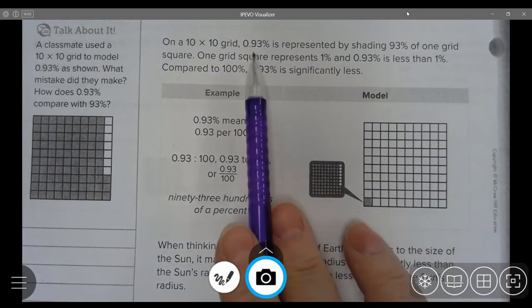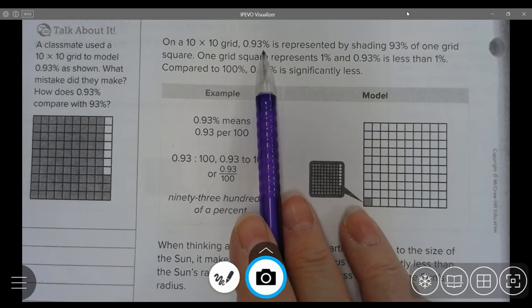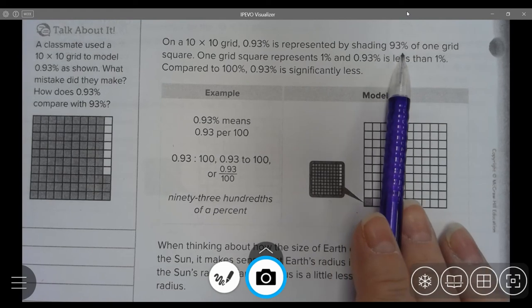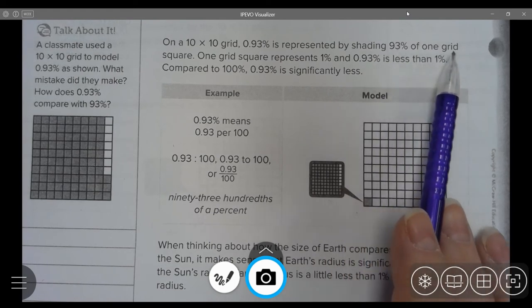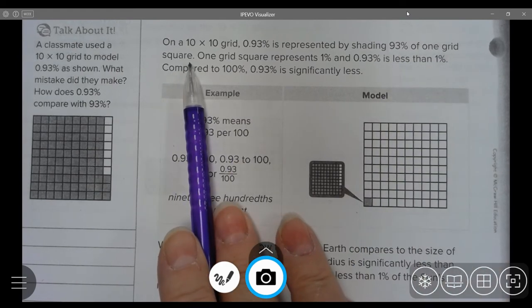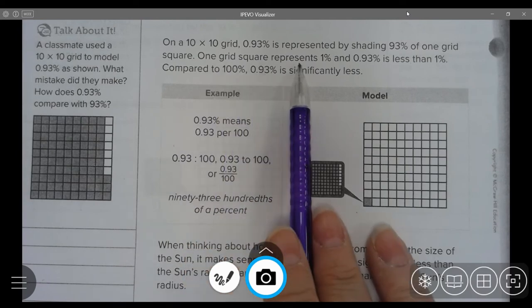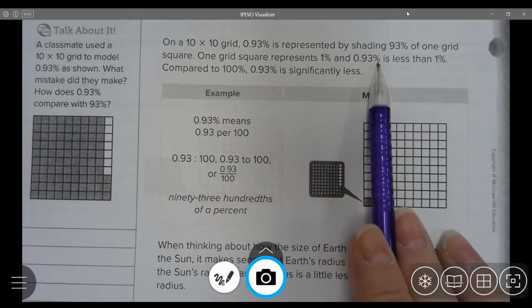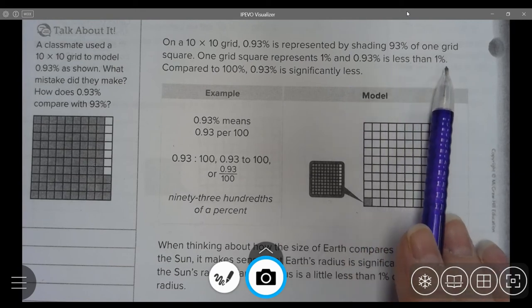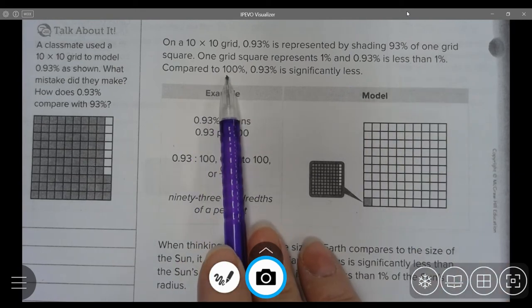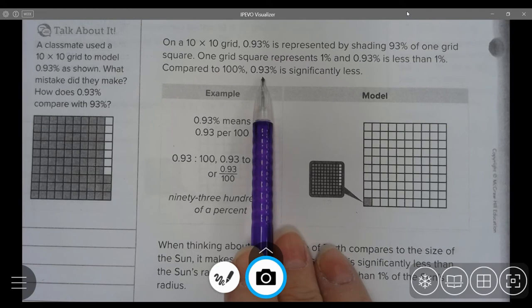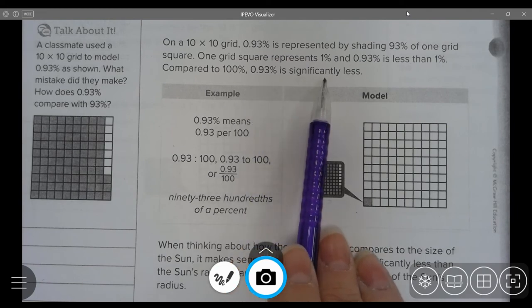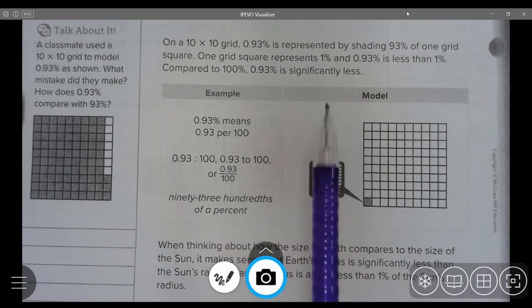On a 10 by 10 grid, 93 hundredths of a percent is represented by shading 93% of one grid square. One grid square represents 1%, and 93 hundredths of a percent is less than 1%. Compared to 100%, 93 hundredths percent is significantly less.